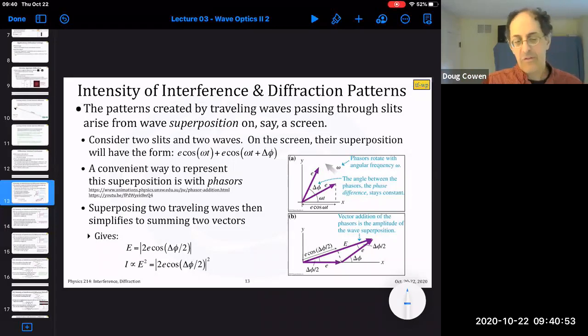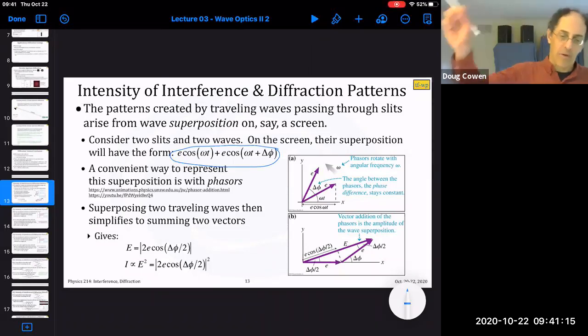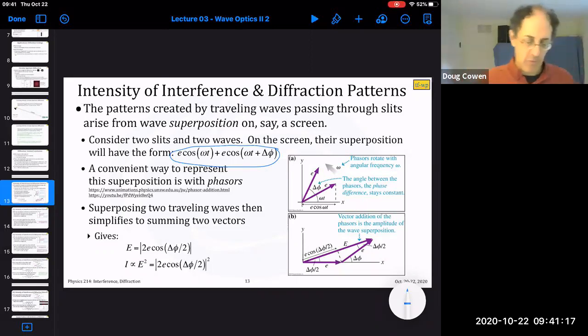If you think of 2 waves, a 2-slit experiment, then the superposition will have this form shown here, of 2 oscillating waves added together with some phase difference. The reason these are not traveling waves is because they've already traveled. We're asking what happens at this fixed point on the screen.